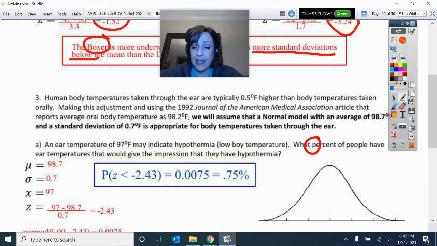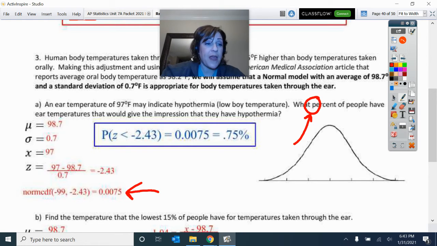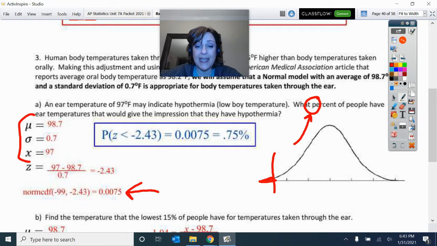So this idea, again, percent, probability, proportion of observations, you're going to have to use normalcdf to find that area. So they gave us the mean, standard deviation, and X. And so then you had to get the z-score down here and find this area below.